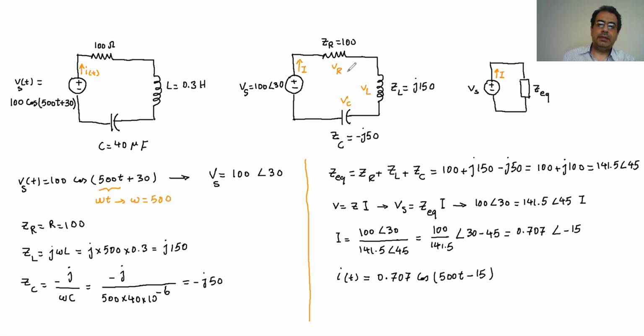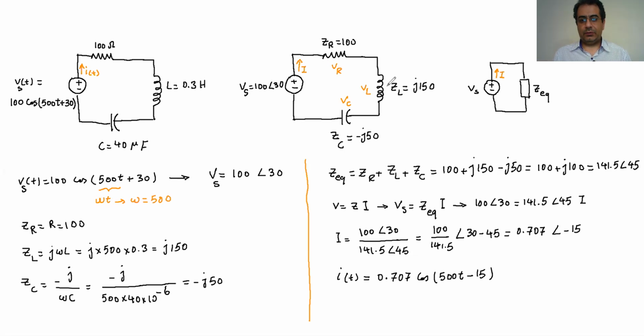The next thing is that I have to go ahead and find the voltage in each of these elements. If you look at here, it's not that difficult, because we have V equals Zi.